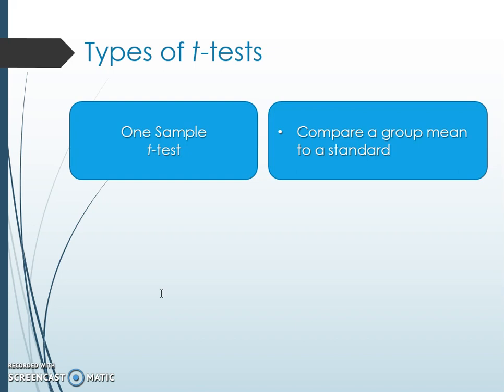And in that one, you recall that we compared a group mean to some sort of standard. So we compared the mean spelling scores for Braille readers to a standard of the normative population, people that were tested with the spelling test. And so we made that comparison.